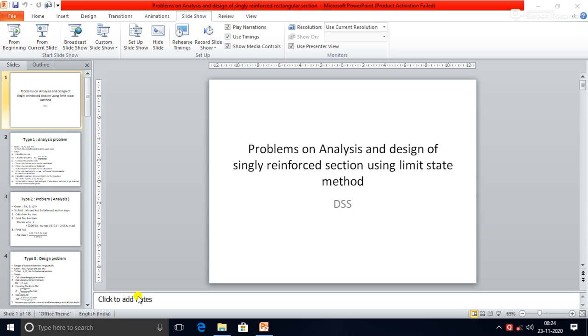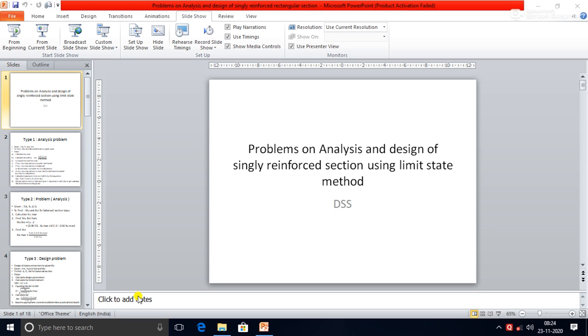What is limit state? This limit state is nothing but the acceptable limit for the safety and serviceability of the structure before failure occurs. That is very important.